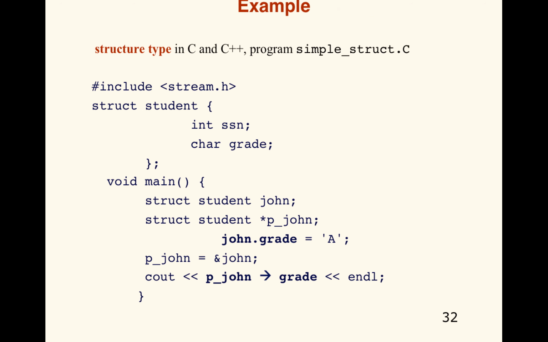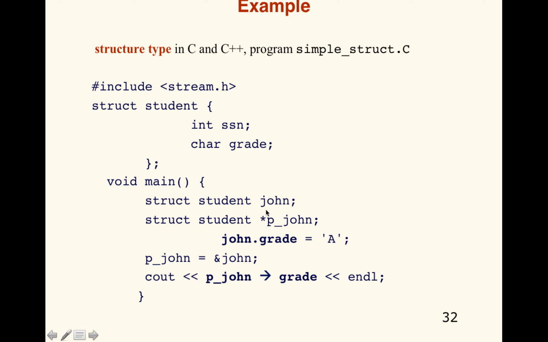So just in case it's been a while since you've seen a struct in C or C++, here's an example. The struct is at the top of the code here. This is the struct student. And it has an integer social security number and a character grade. And in the program under the void main, we have two variables: student John, and a pointer to John.